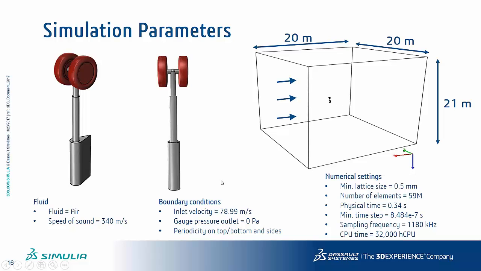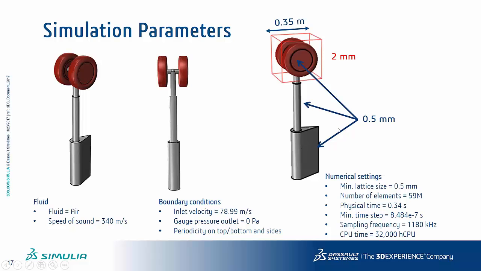And then we had to go through a refinement strategy, which in this case has been refining to 0.5 millimeter near the geometry and then employing several user-defined boxes of refinement that you can create to refine certain regions of fluid.